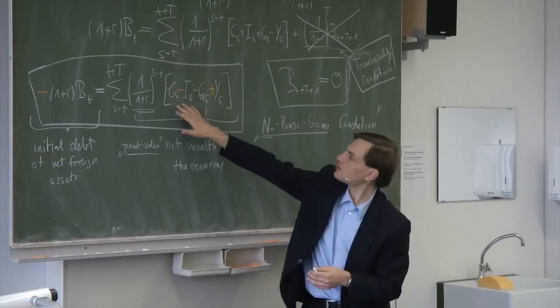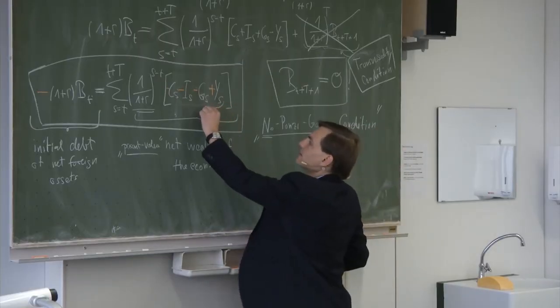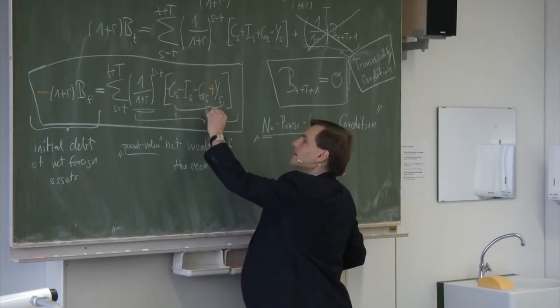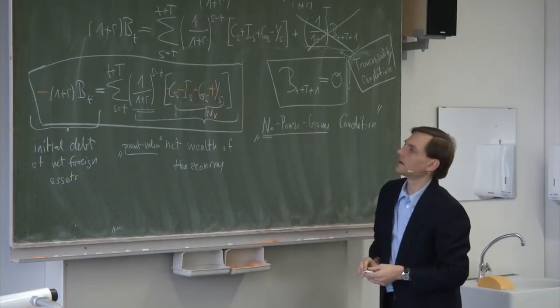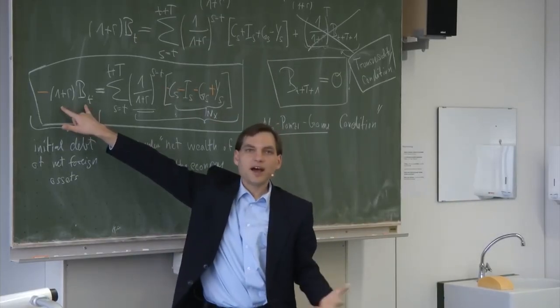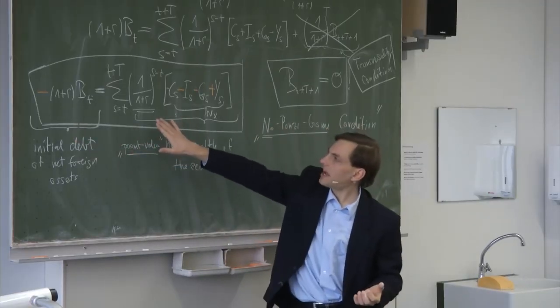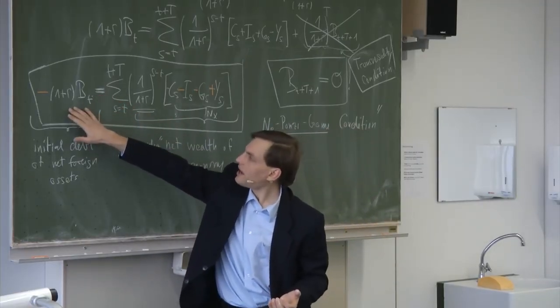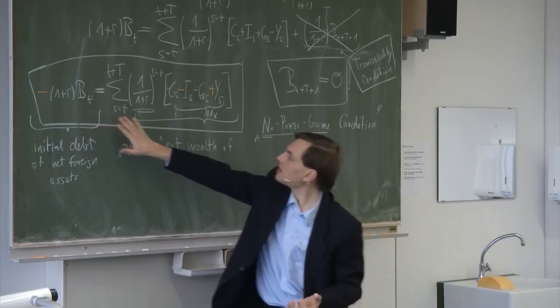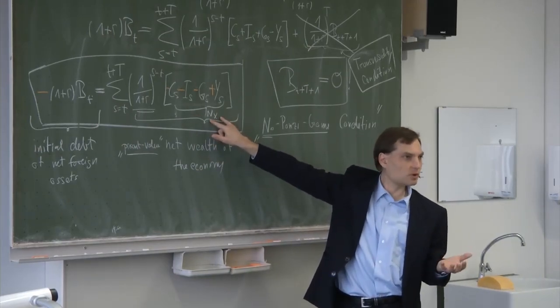If I move these components to the output side, what remains here is net exports. So, in other words, if I have a debt stock at the beginning, to repay this initial debt stock, this must be equal to the discounted sum of my net exports.